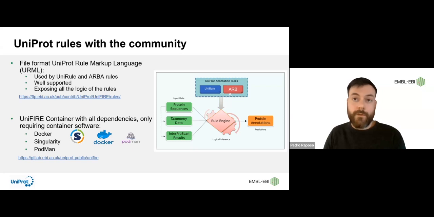In order to share these rules, we have created a file format in which we can represent UniRule and ARBA rules. We have called it the UniProt Rule Markup Language. It is based on well-supported and understood standards like XML, and it exposes the logic of these rules explicitly. To allow users to use these rules, we have created and released Unifier as open source software.